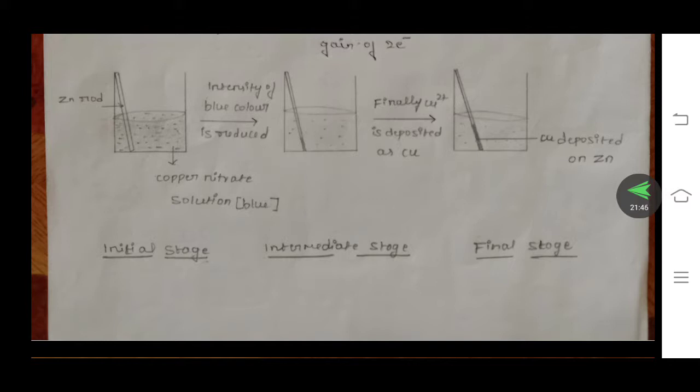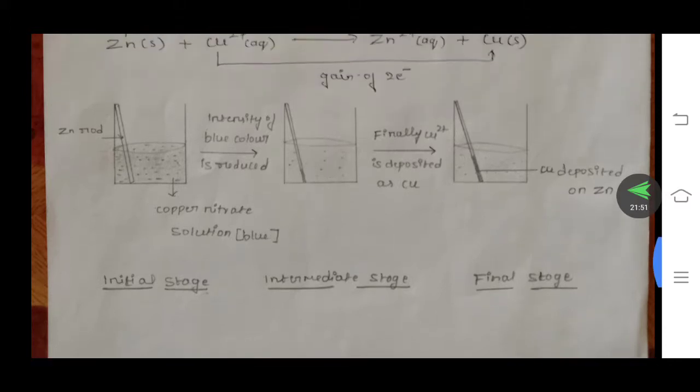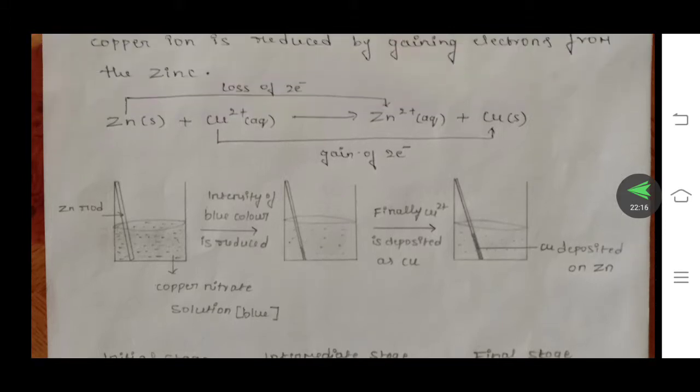The blue colored solution is completely converted into colorless, because the copper nitrate solution has completely converted into zinc nitrate. So a displacement reaction takes place, which is the above reaction only. Copper ions converted into copper solid, and zinc solid converted into zinc ions.